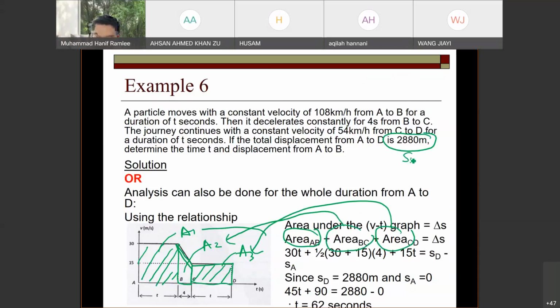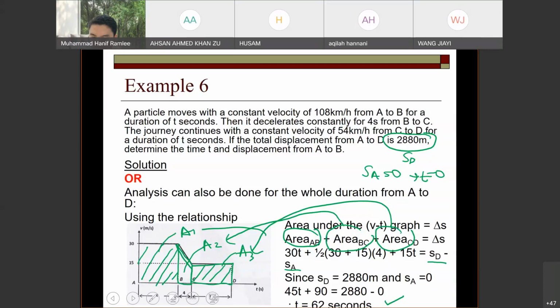We know that SA is equal to 0, where T equal to 0. So you substitute the information here, in SD, you will get a straight answer like this.